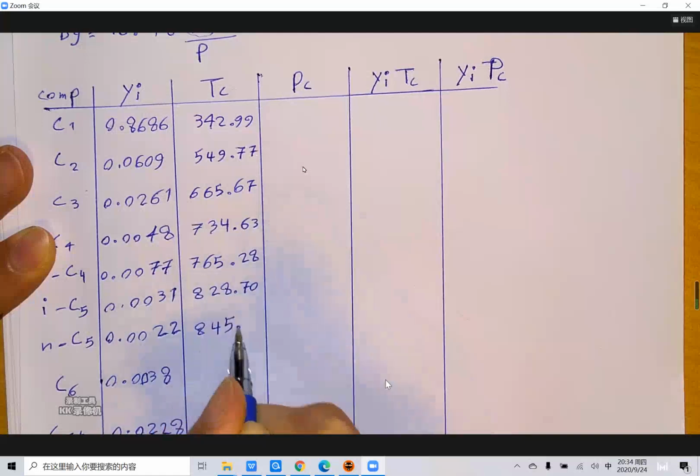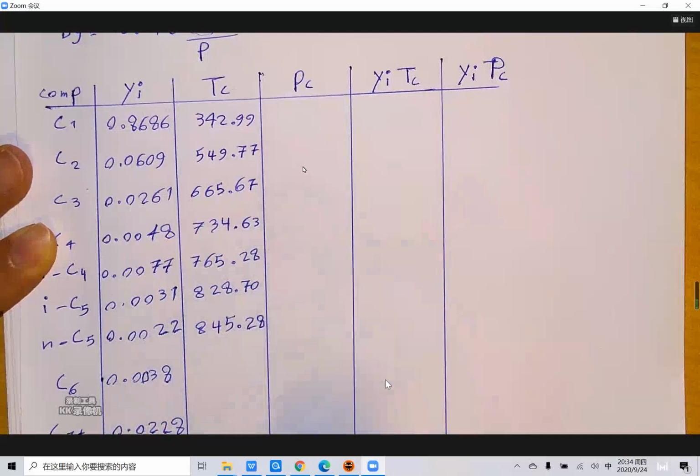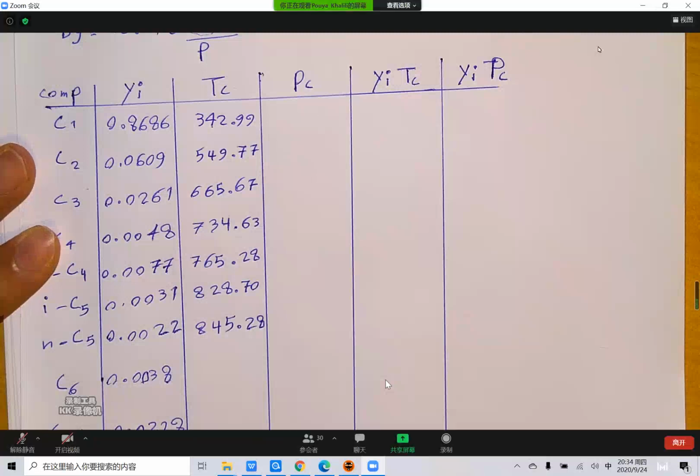Where did you take your values from? From the table that I showed you. Does the table have a different unit? I think so. Oh, that's slightly different, but that's no problem, you can correct it next time.